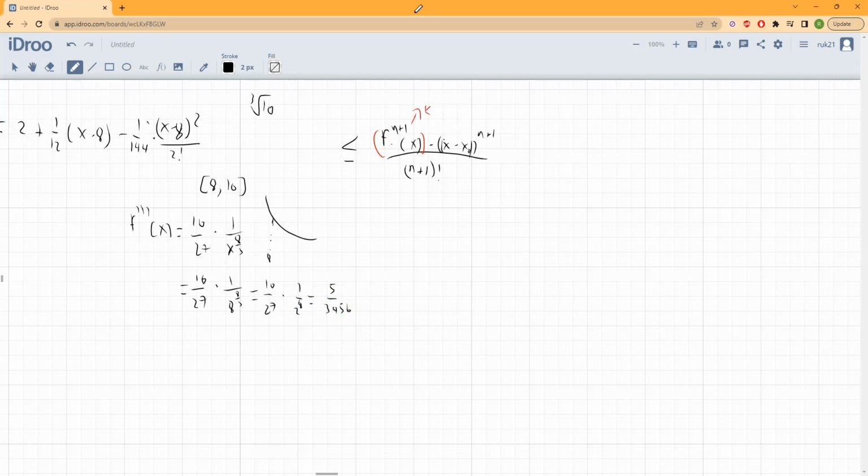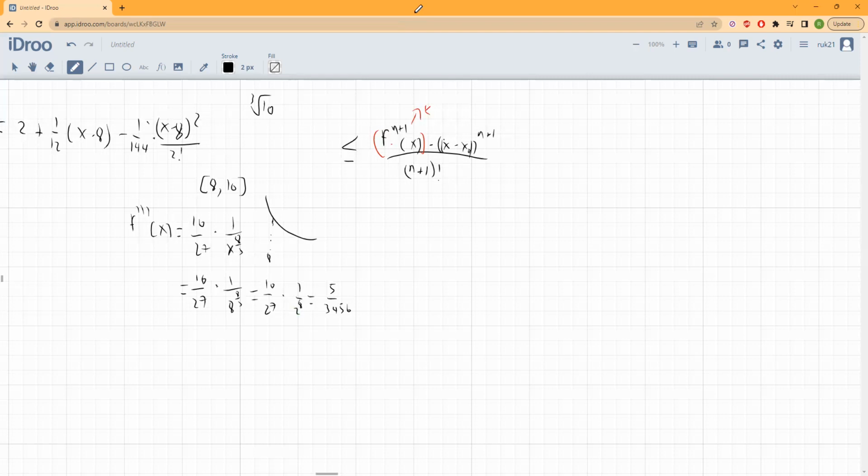So cool, we have our k. We know that our k, or this value over here, is always going to be smaller than or equal to 5 over 3,456. But again, because we want to see what the biggest error is, we're just going to set this to 5 over 3,456, because this is the biggest value our k can take.